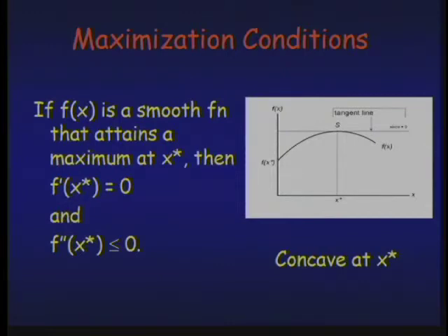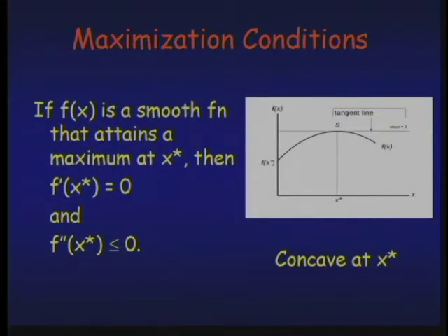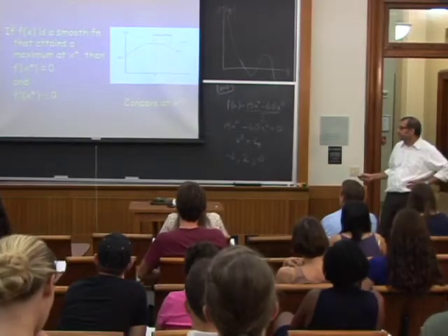Okay, this you've already seen. If we have a concave function and it's a smooth function that attains a maximum at x star, then of course its derivative is equal to 0, and its second derivative at that point is less than or equal to 0. If it's strictly concave, then it'll be strictly negative.